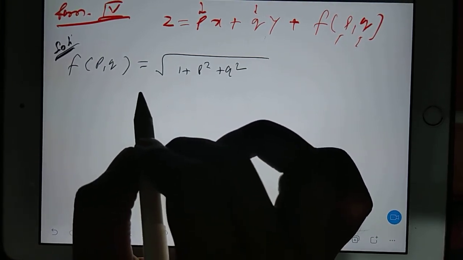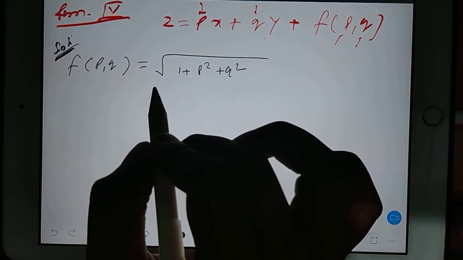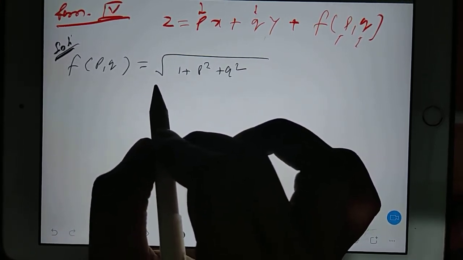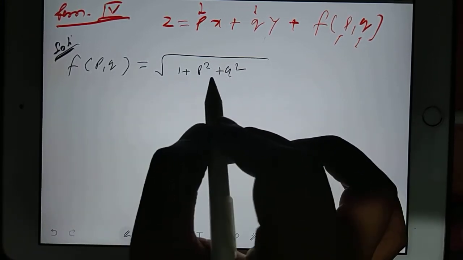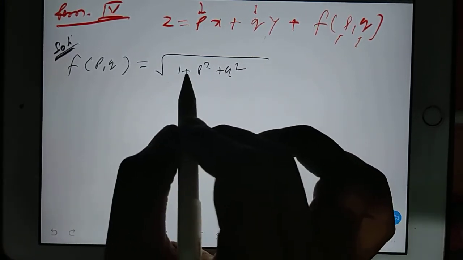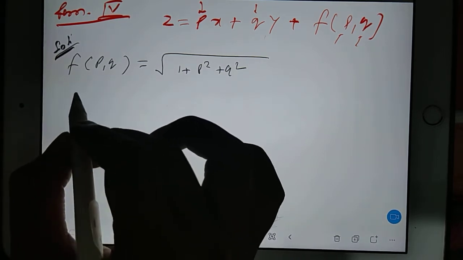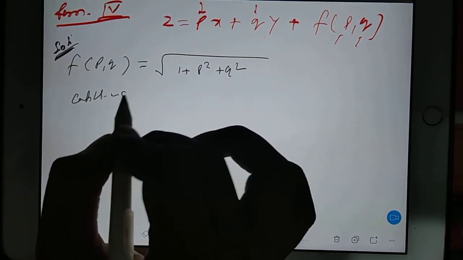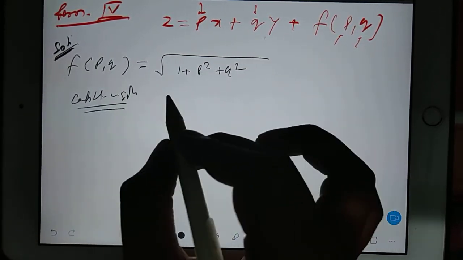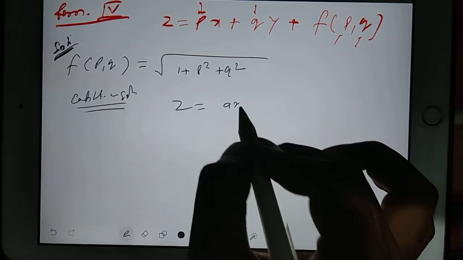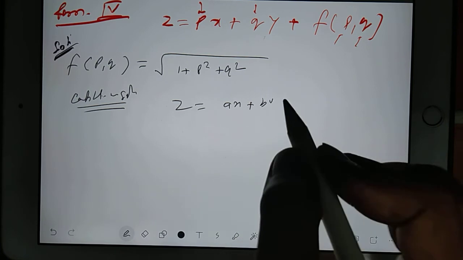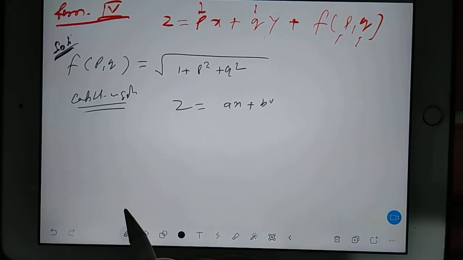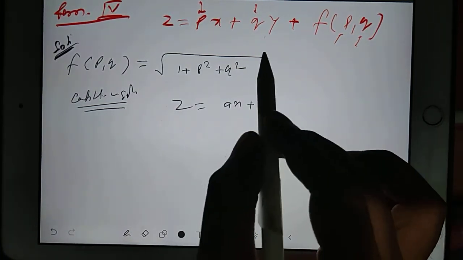That question is different. That question is of the same form we have discussed. 1 plus p square plus q square. So the complete solution will be very, very easy. z is equal to ax plus, wait.